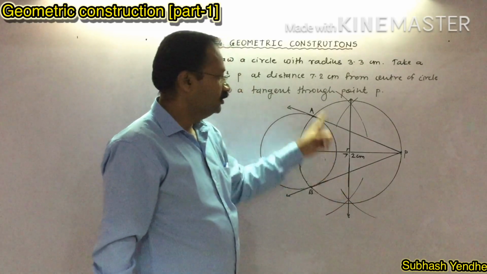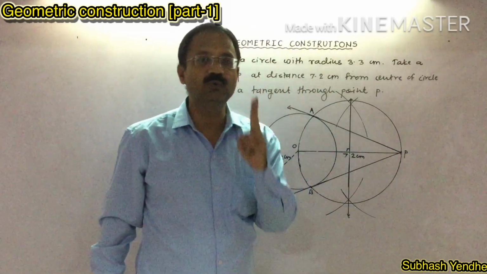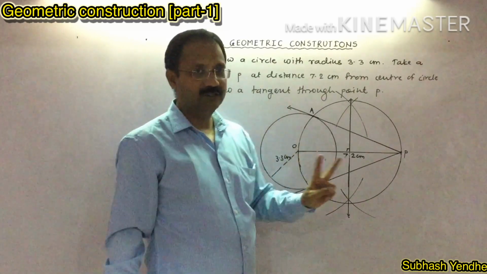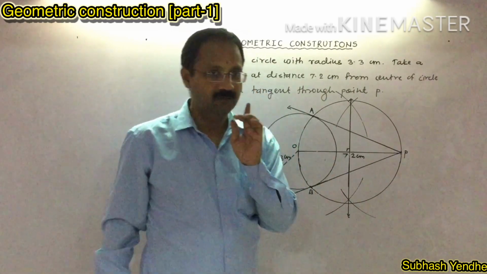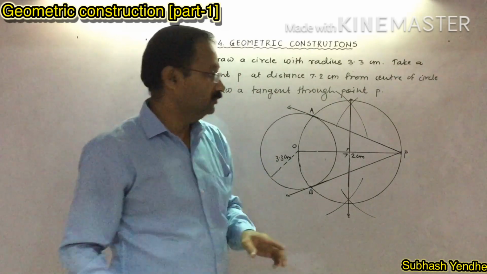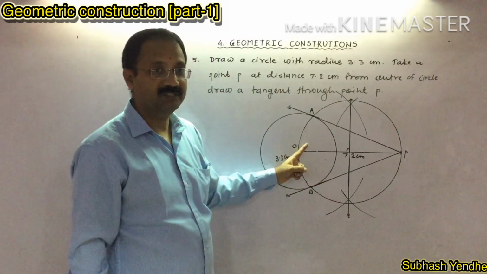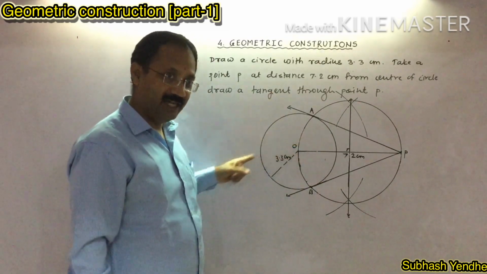It means if the point lies outside, you will get two tangents. Remember the 2 points. One, if the point lies on a circle, then what you have to do? You have to draw a segment which will pass through the center and that point.